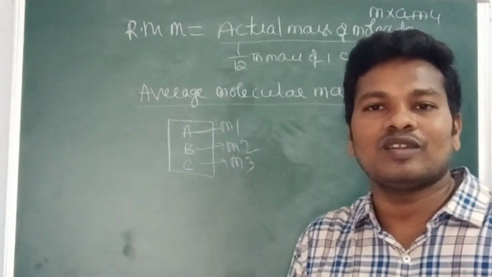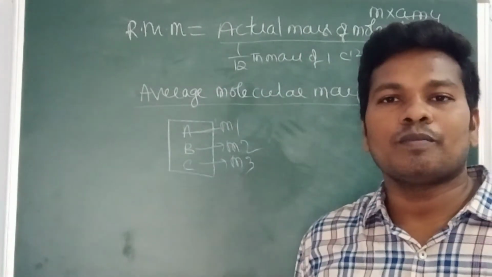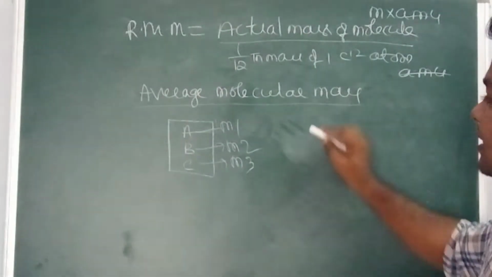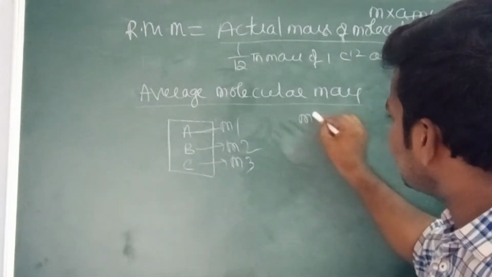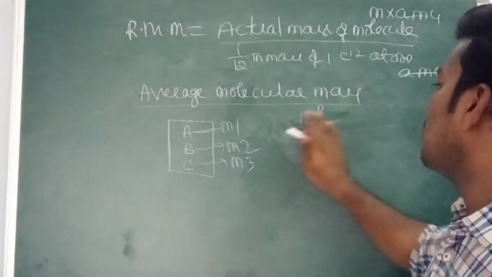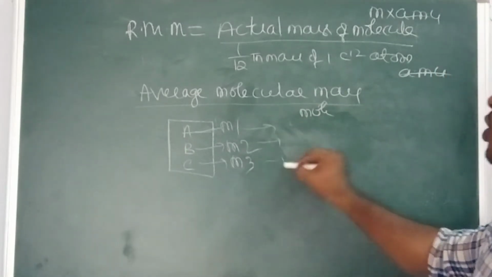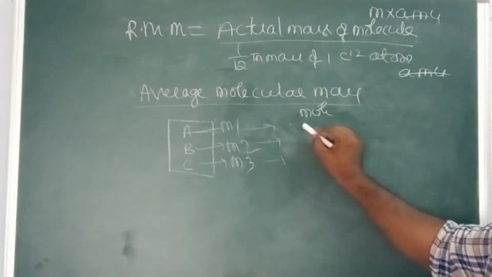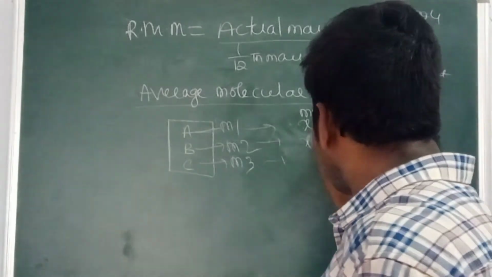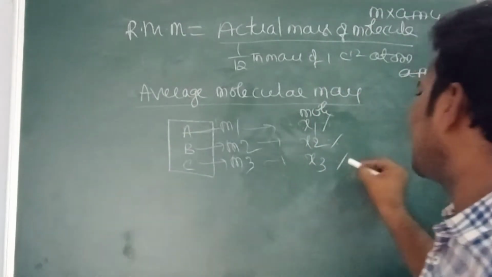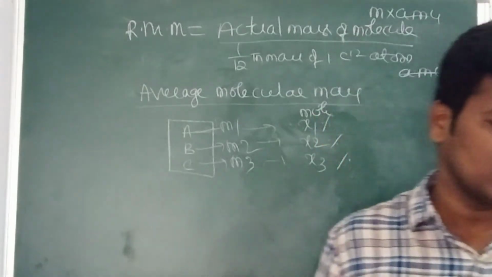Percentage also we have to take. In the relative atomic mass, average atomic mass, we calculated the percentage. Percentage is nothing but the abundance; here we are representing it in terms of moles. So here you can see abundance x1 percentage, x2 percentage, x3 percentage, mole percentage. Abundance percentage is equal to mole percentage.